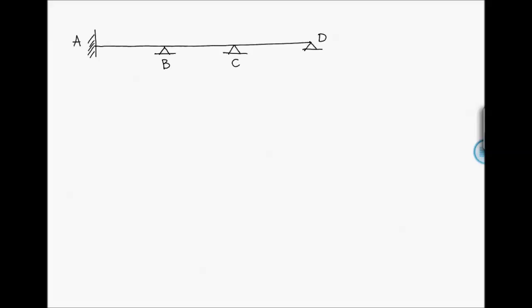It is subjected to a concentrated load P on beam AB and to a uniform distributed load on beams BC and CD. The uniform load is Q, and the load P is taken to be equal to Q by L.